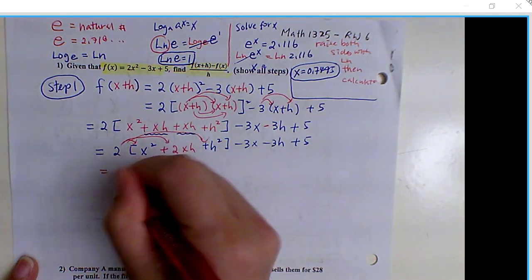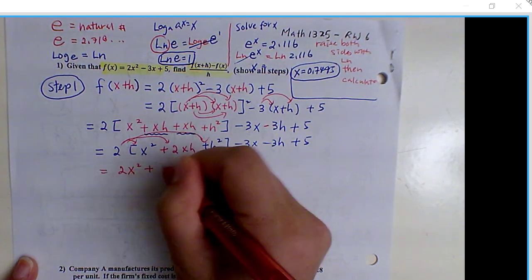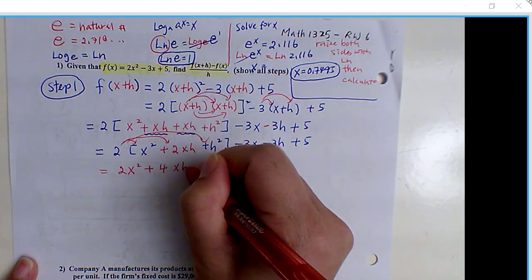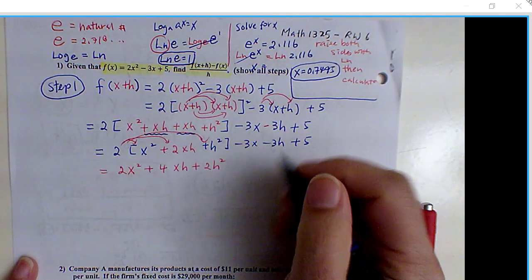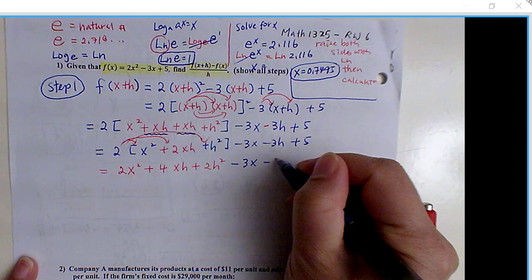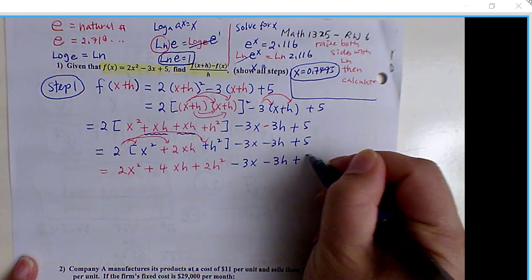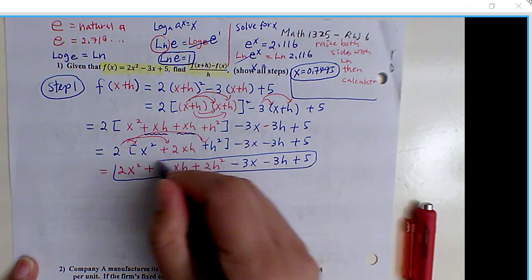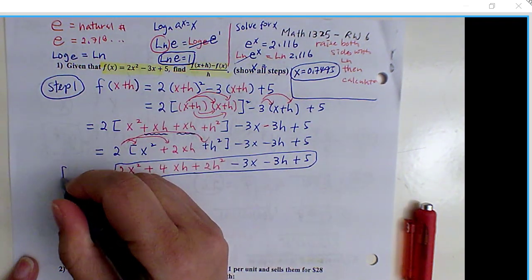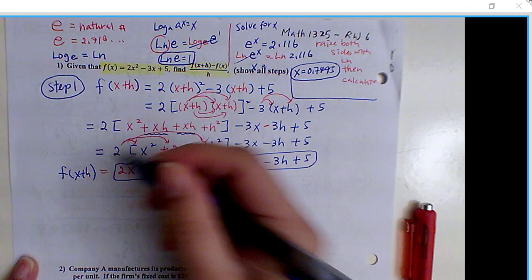So that would give me 2x squared plus 4 times xh plus 2h squared. And then we are going to have minus 3x minus 3h plus 5. So that's the first step for the part f of x plus h, right?